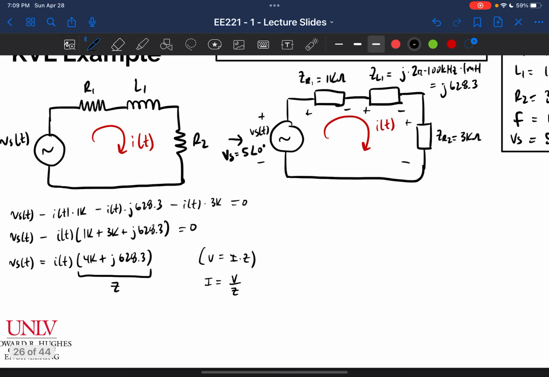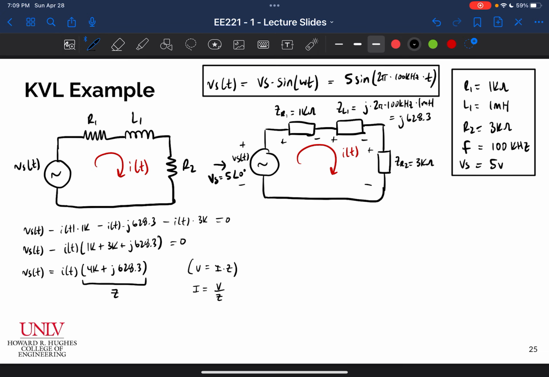Okay, well that's good, but that still doesn't get us anywhere because my impedance is a complex number. Recall that a complex number, x plus jy, can be converted into a phasor, where r is equal to the square root of x squared plus y squared, and phi is equal to the tan inverse of y over x.